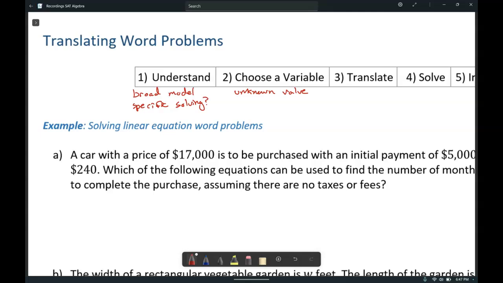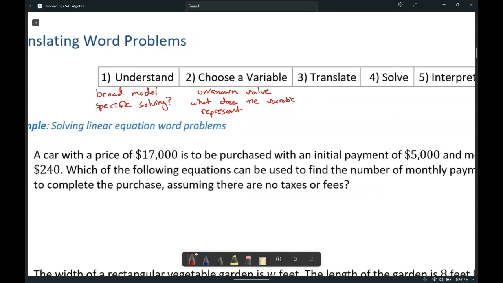But what's really, really important here is understanding what the variable represents. Because if we don't know what the variable represents, then we're going to have a hard time putting our answer in a useful context and ensuring that either the model or the solution that we come up with is even valid to what the prompt is asking for.